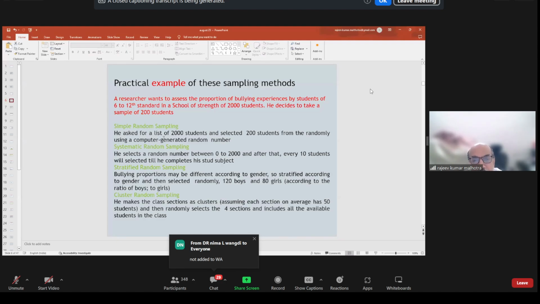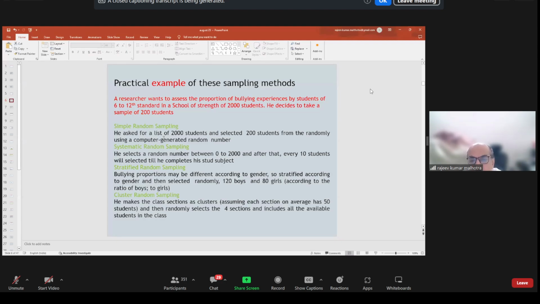Now in cluster sampling, we select a section. Suppose each section has 50 students, and for 6th to 12th we have six sections per class.